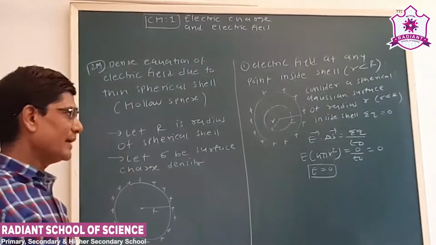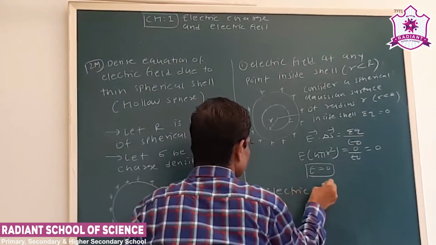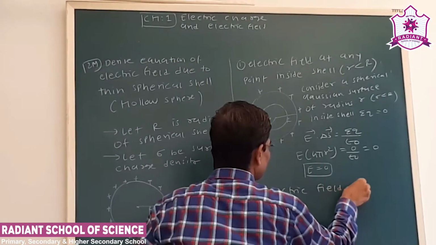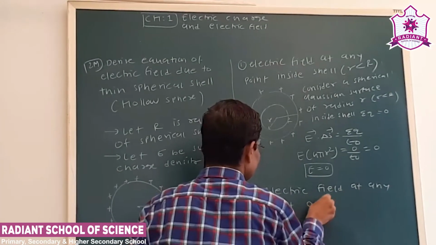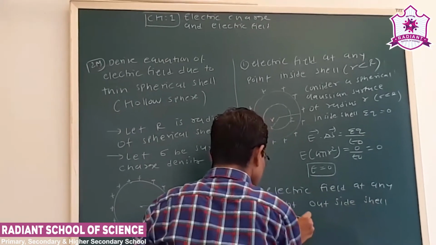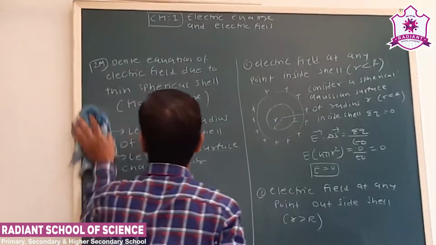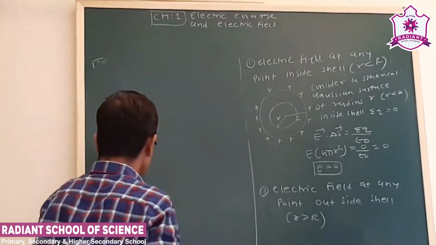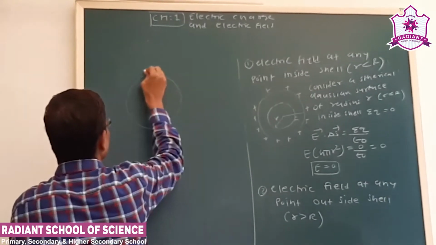Now next we have to find out the electric field at any point outside the shell, r greater than R. Now for that we consider a Gaussian surface of radius r.